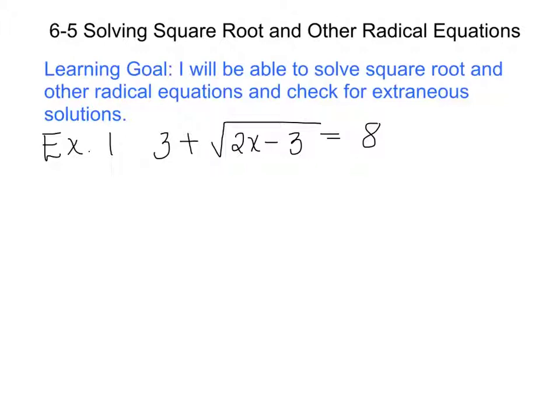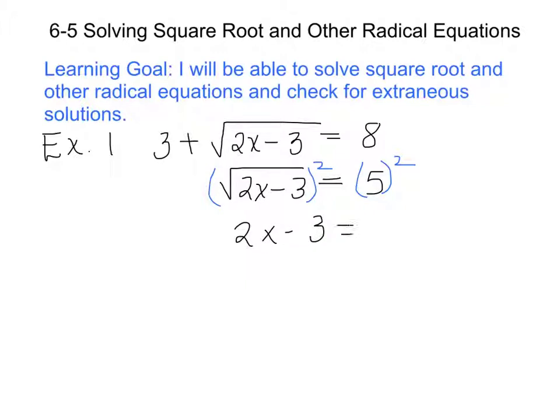So what you want to do is isolate the square root. You want to get it by itself. And then, in order to get rid of a square root, you have to square it. You have to square both sides.